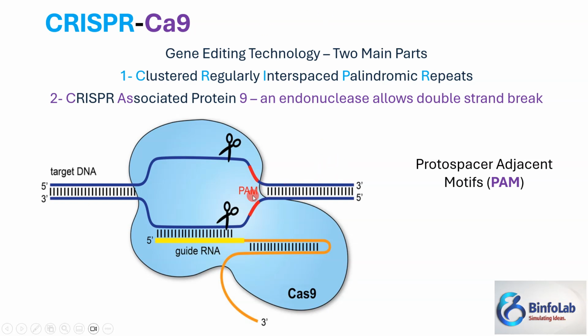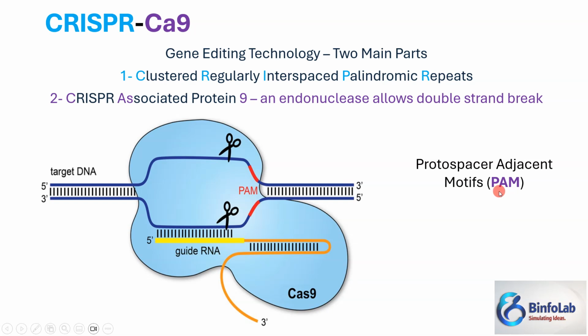Okay, let's say this is our DNA, and if you are interested in cutting this region, we will call it the target region. But in CRISPR there is another concept, called the protospacer adjacent motif, or PAM.